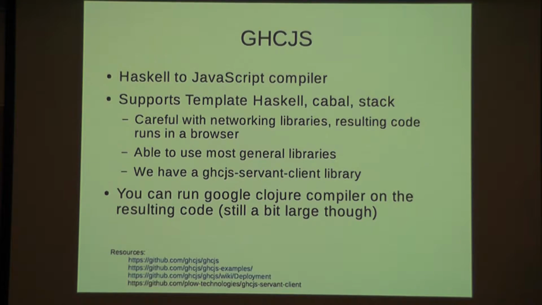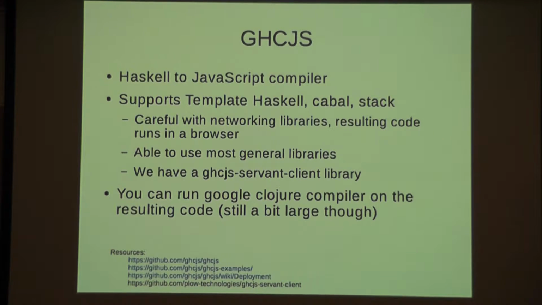A few things to watch out for are networking libraries, because you're most likely to be running GHCJS on the front end, so in a browser. So you have to think about how a browser handles networking. So you have issues with cross-domain, things like that. Because of this, we had to make a fork of GHCJS.